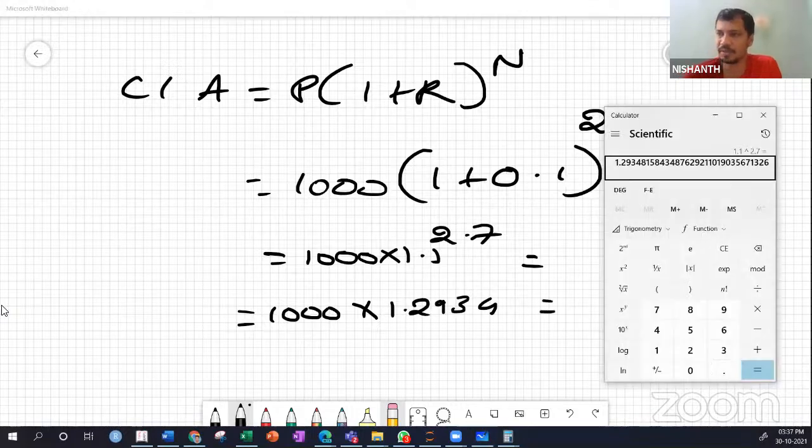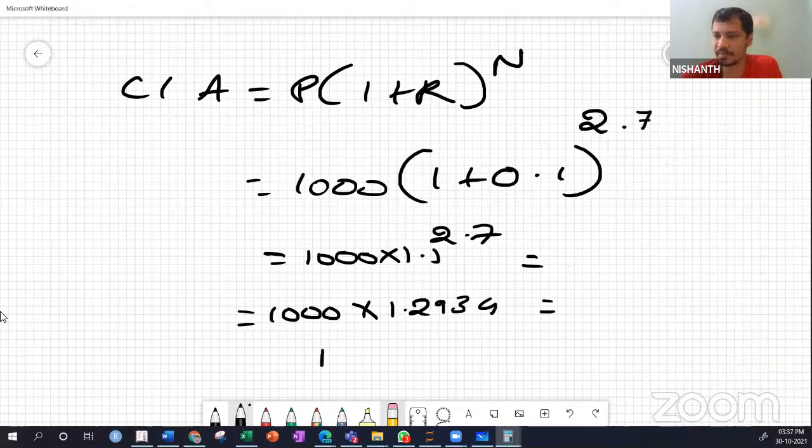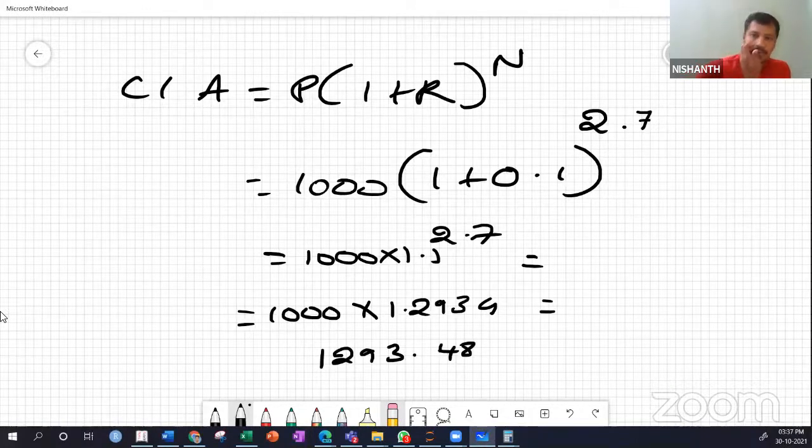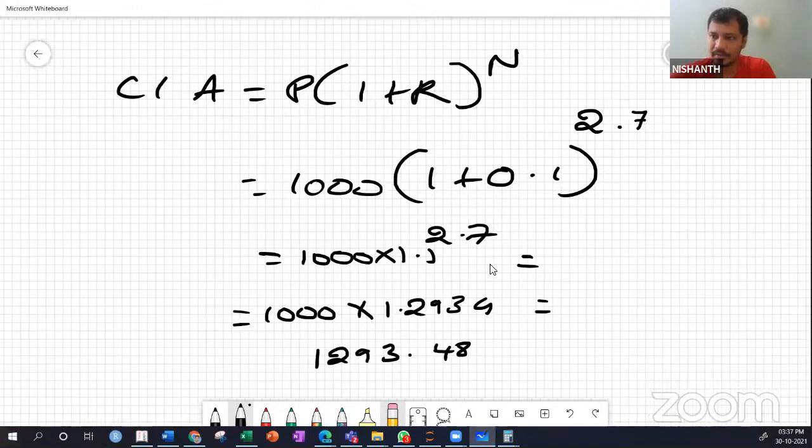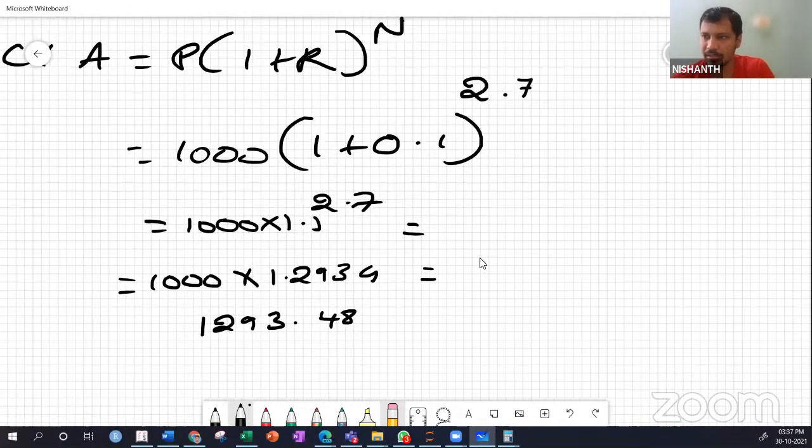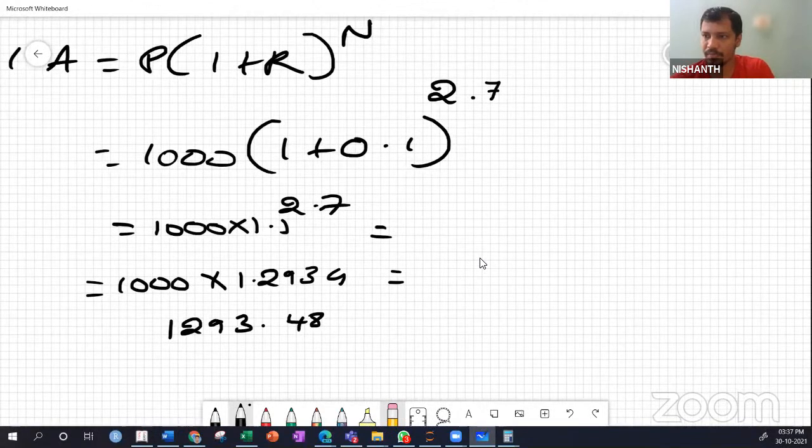If you multiply this with 1000, you get 1293.48.